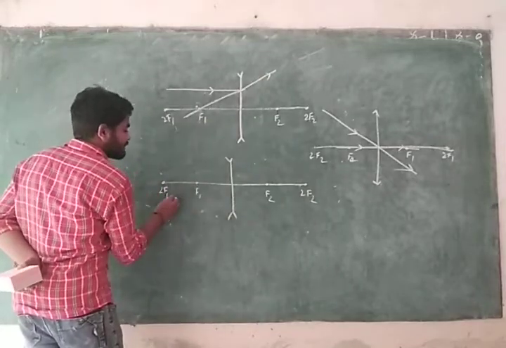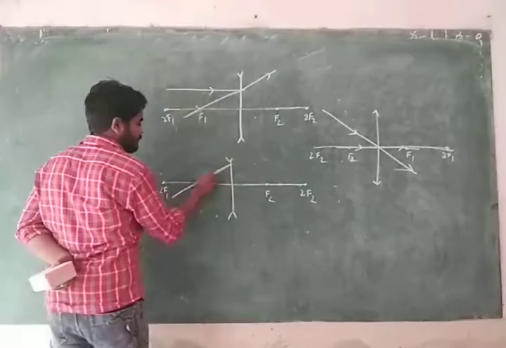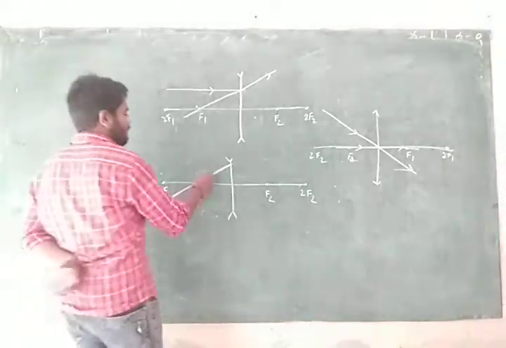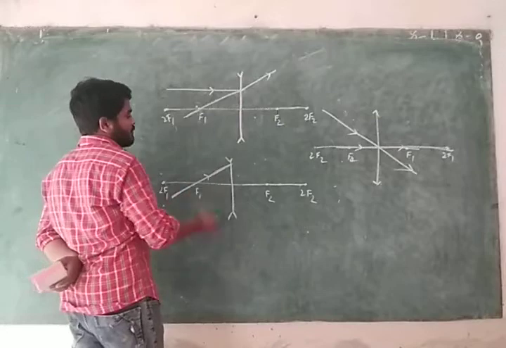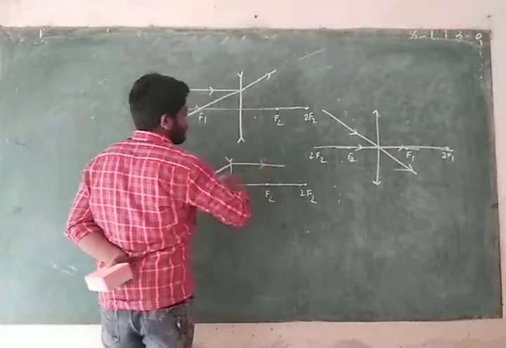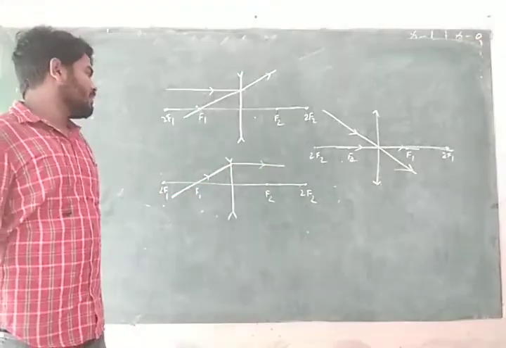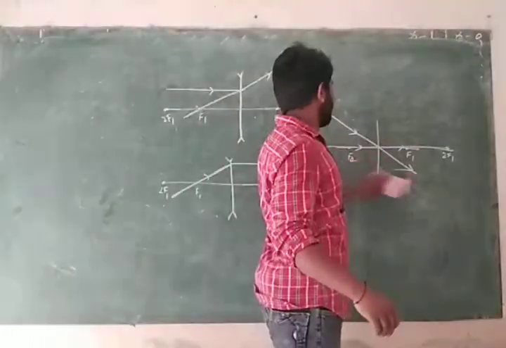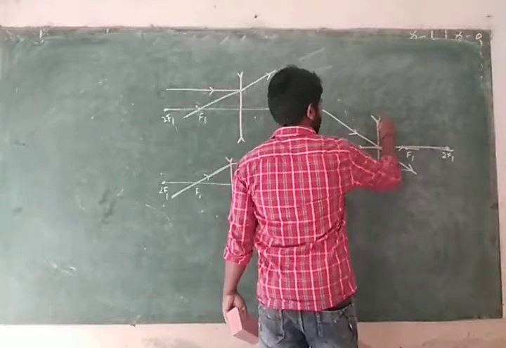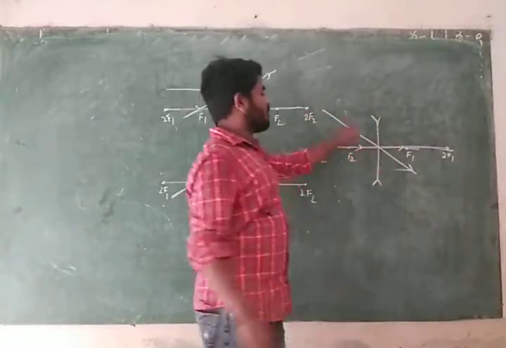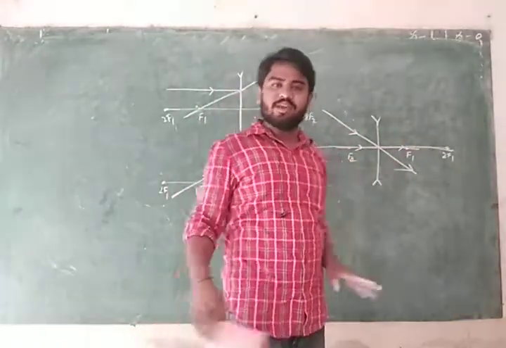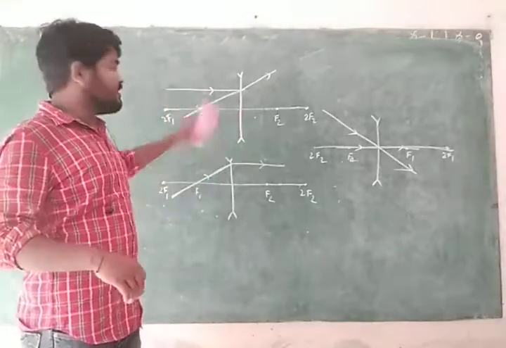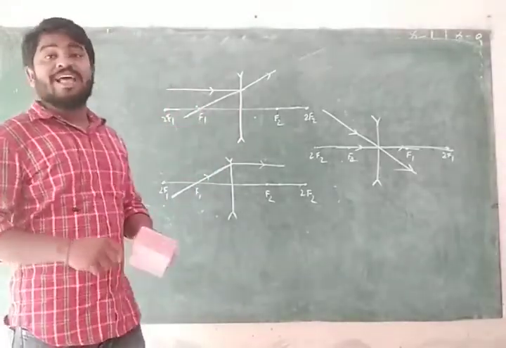When a light ray passes through the focal point, very simple, it will be parallel to the principal axis. And same here, in biconcave also, same thing. When a light ray passes through the optic center, it never deviates, it continues its path. So these are called ray diagrams.